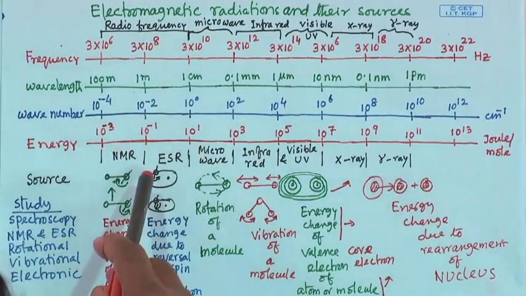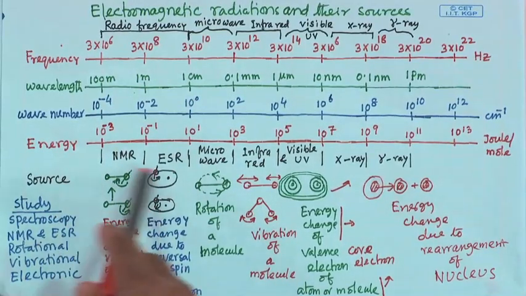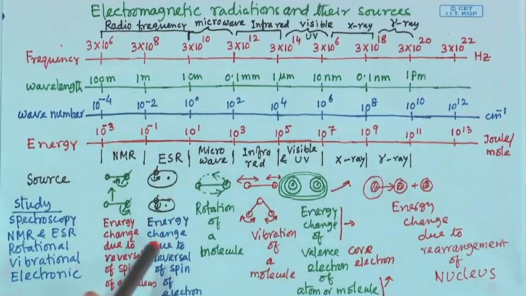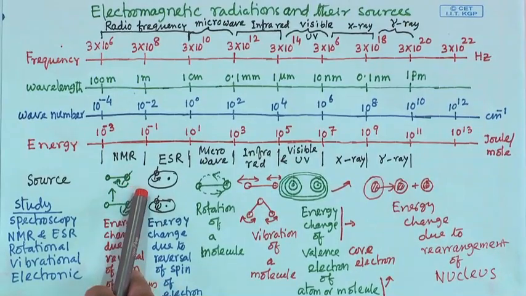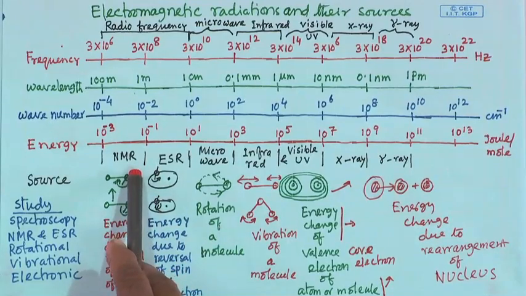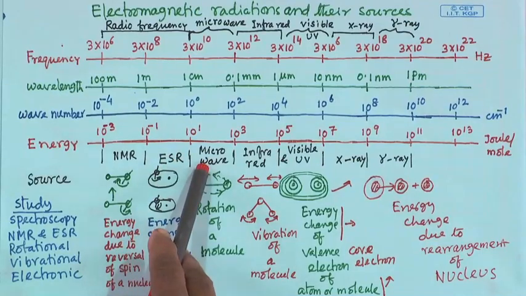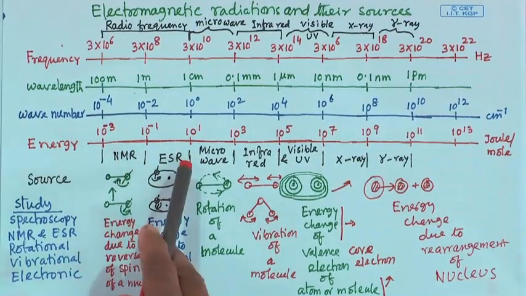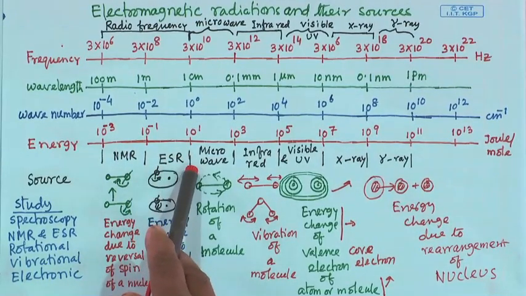So, what is the source of radio wave? The source of radio wave is the energy change due to reversal of spin of nucleus. It is NMR, nuclear magnetic resonance, and ESR, electron spin resonance.